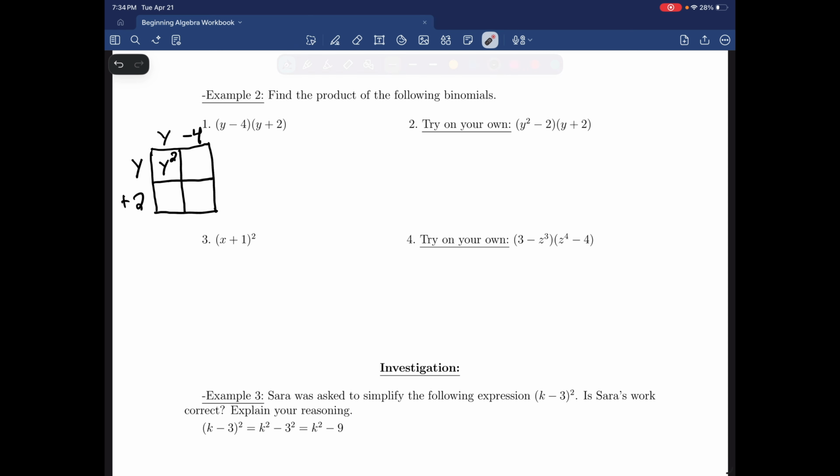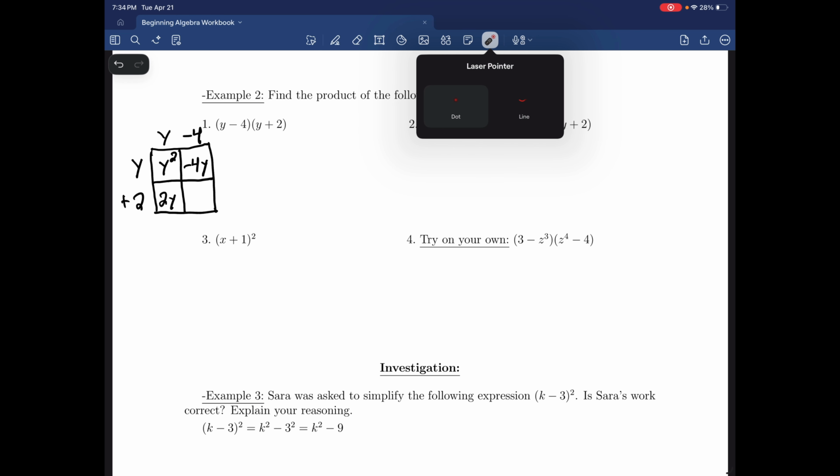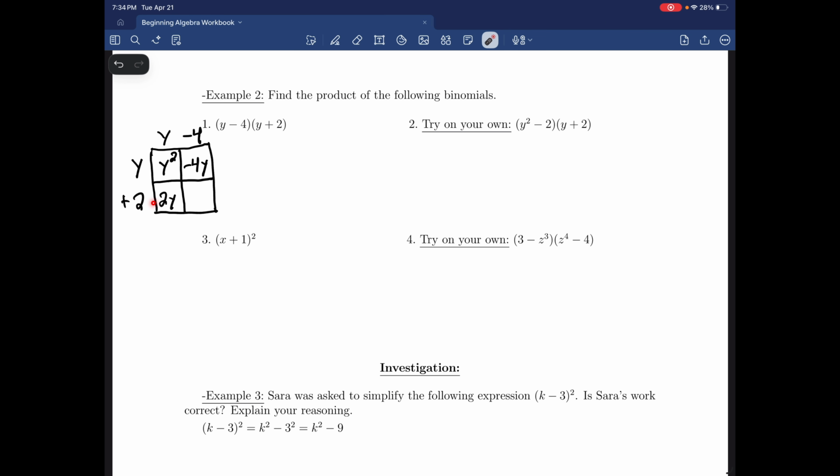And then in this box, we're going to do y times negative 4, which is just negative 4y. And then in this box, we're going to do 2 times y, which is 2y. And then in this box, we're going to do 2 times negative 4, which is negative 8.